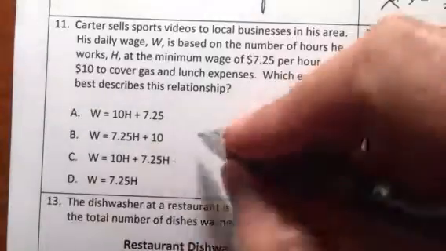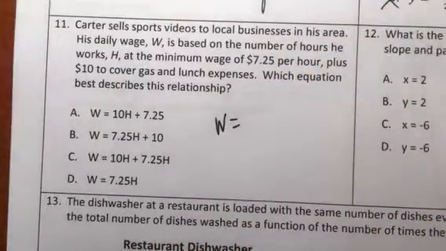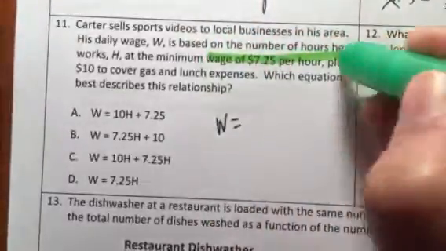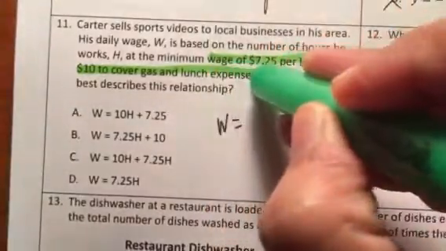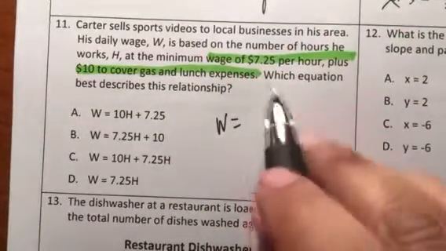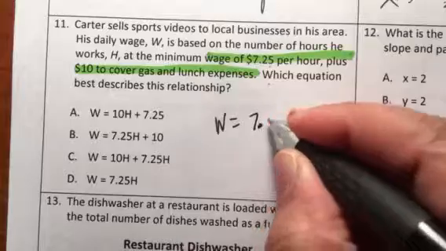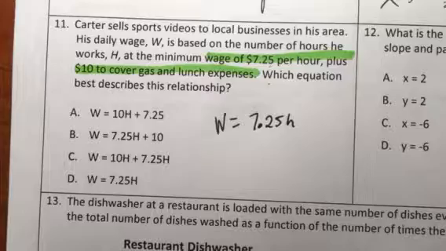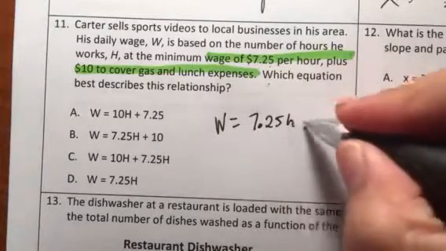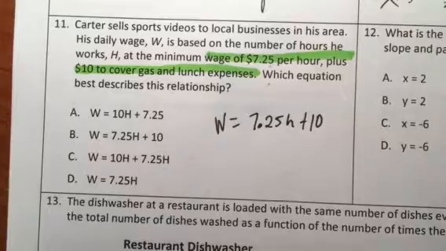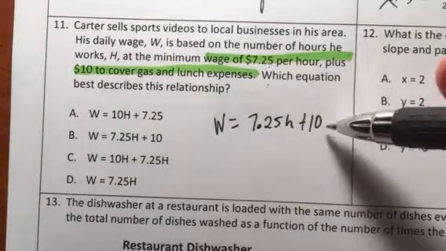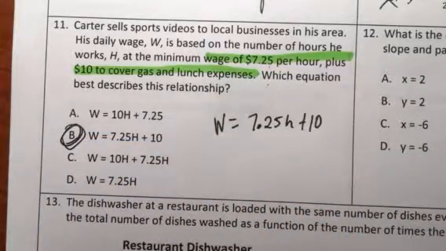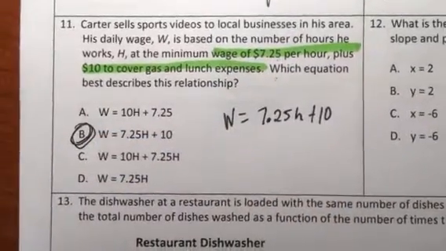Okay, so his wage equals, all right, most of y'all are pretty good at this, his wage is $7.25 per hour. So each hour that he works, he'll get that $7.25. So that's why that H is going to go with the $7.25. And then to cover his lunch and gas, they give him $10. So that's just a flat $10. So if you look, your answer is B.